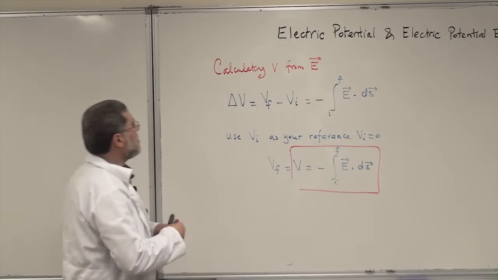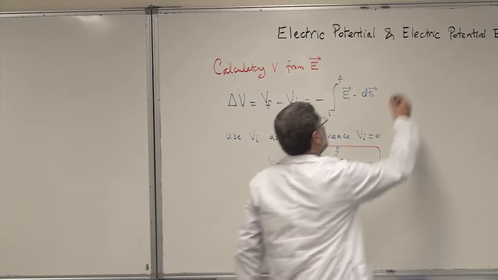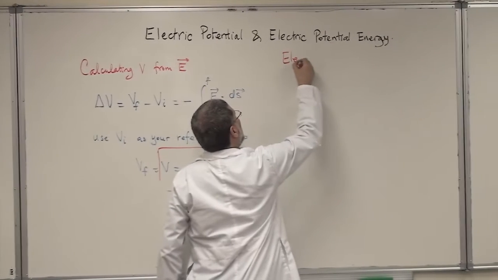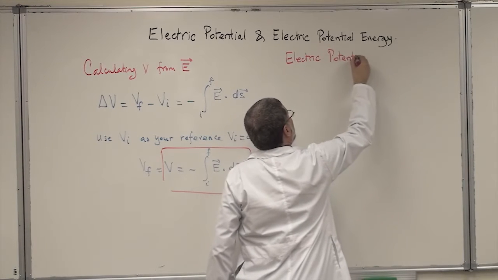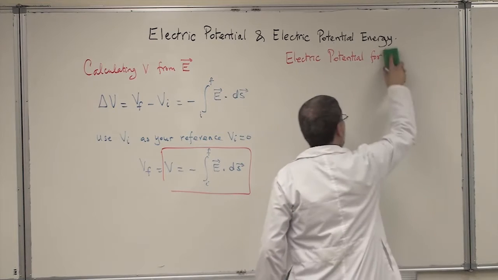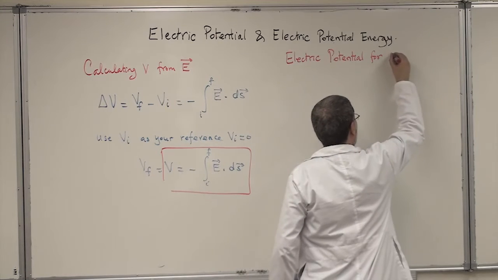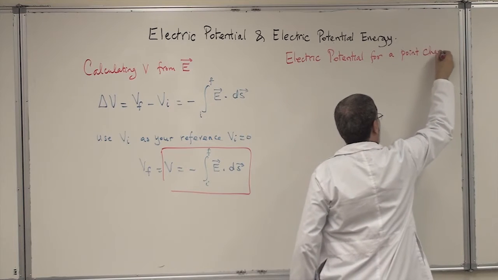Now, let me apply this concept to how to calculate the electric potential for a point charge. We have seen this before, but I just want to show it to you in a different way.